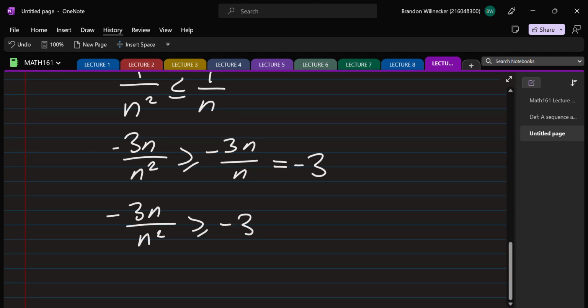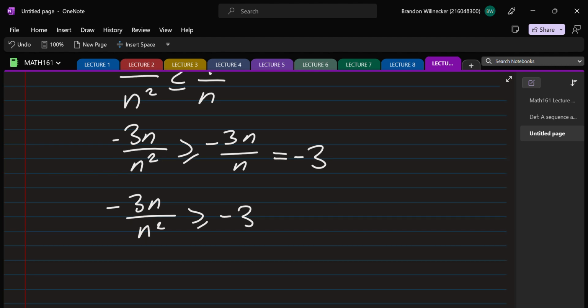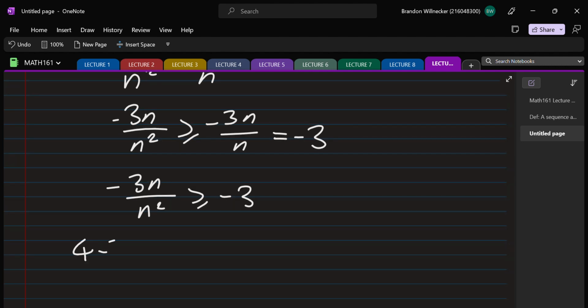Good. Now, if we look at this numerator, if I add something to the numerator, it's going to become bigger. If I have any fraction and I make the numerator bigger, then the whole fraction becomes bigger. So what I'm going to do is add 4 to the numerator. So 4 minus 3n over n squared is now bigger than minus 3n over n squared, which we said was bigger than minus 3.